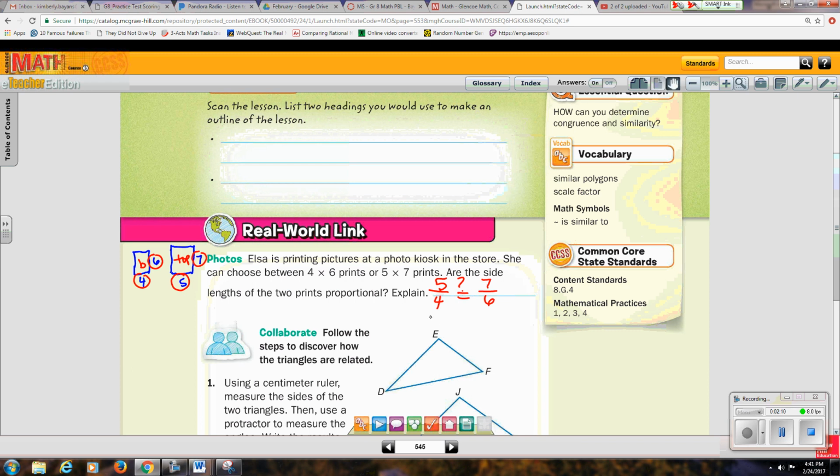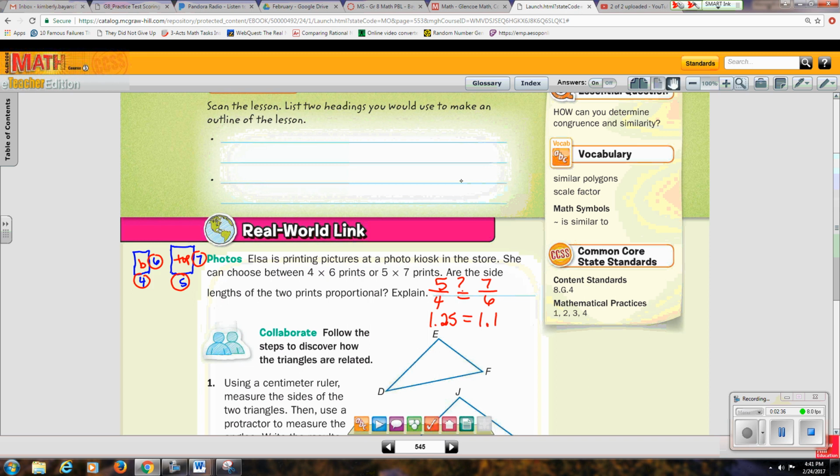Well, 5 divided by 4 is 1.25. And 7 divided by 6 would be, let's see, 6 goes into 7 one time with 1 left over. I just didn't do the math. 6 into 7.